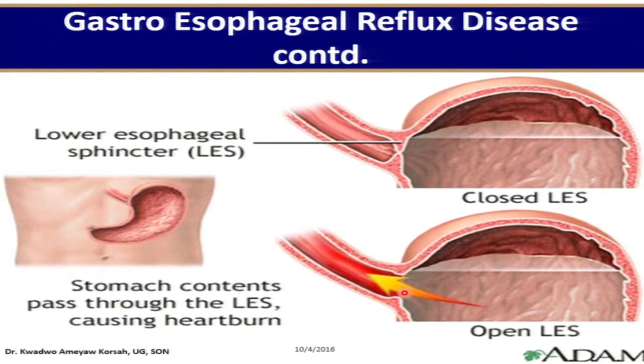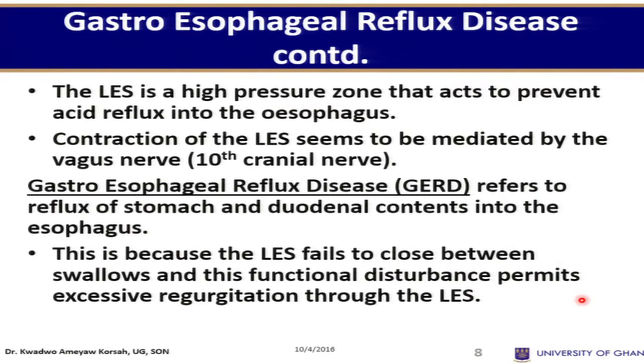When food enters the esophagus and goes into the stomach, it is closed, so the food does not come back. But here it's open, and so stomach contents pass through the LES, causing heartburn. When this happens, it means that acid reflux and other food substances may come back into the esophagus and cause some kind of pain because of the acid component.